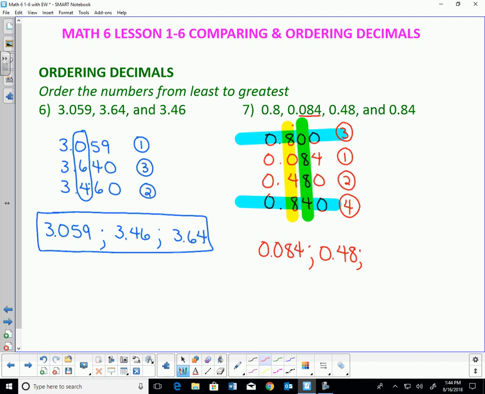I have to rewrite it in its original form. Then my third largest number is 0.8. And my very largest number is 0.84. And you can see that that's the order in which these numbers should go.